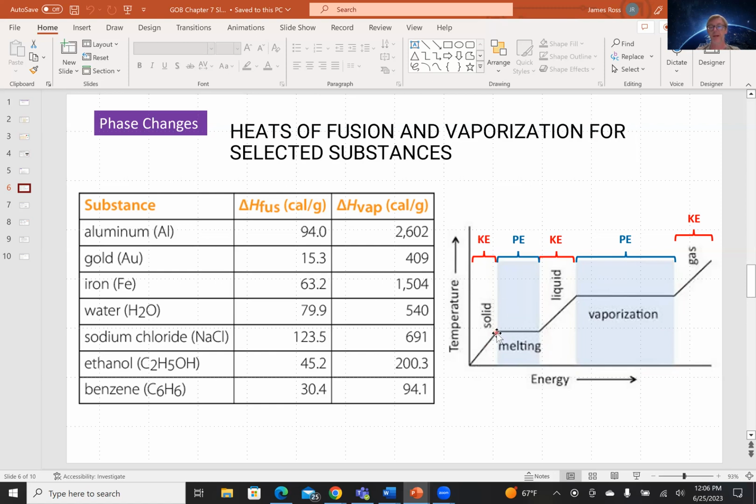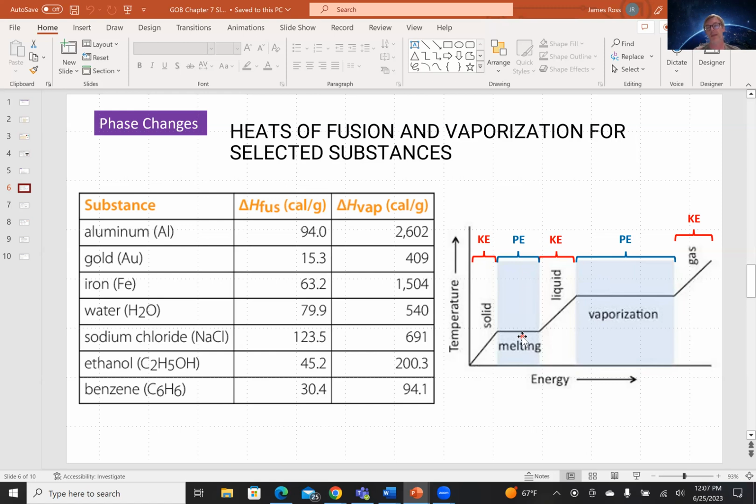At the melting point, which I'm hovering over with my cursor now, the leftmost part of the melting point horizontal line, the energy keeps going in and something is happening, but rather than change temperature, we're just changing phase. We're melting from the solid to the liquid phase. During this grayed out melting region, we have a mixture of solid and liquid phases.